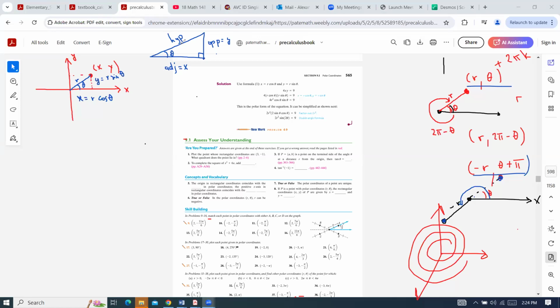Function sine, right? So sine of theta is opposite over hypotenuse. And the cosine analogously is adjacent over hypotenuse, right? Cosine, adjacent.